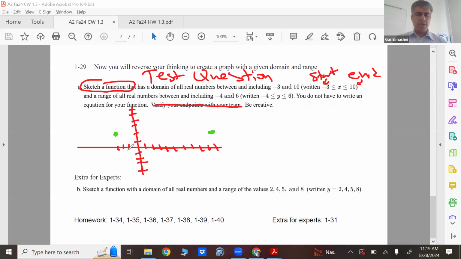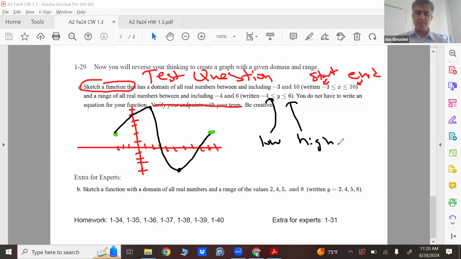When I do my graph, I'll do something kind of like this. -4 is where the low point is going to be, and that's going to be the high point. Is my highest y value 6? You bet. Is my lowest y value -4? You bet.